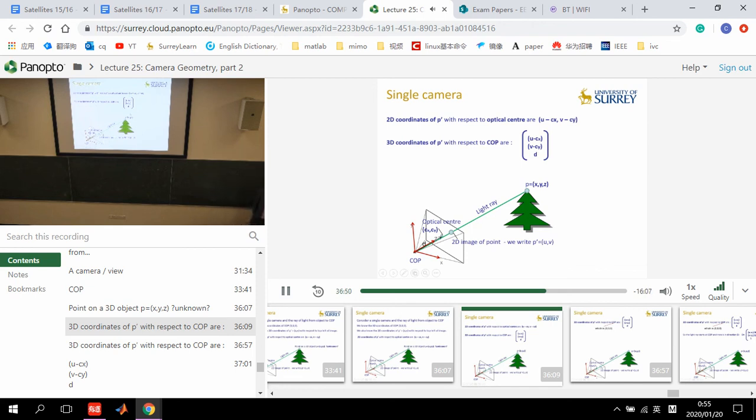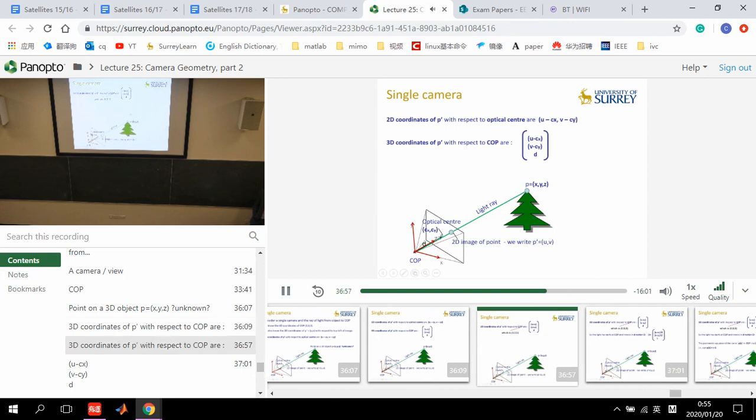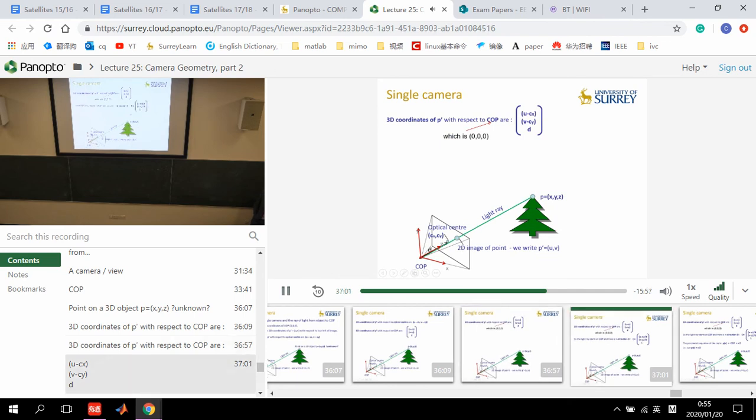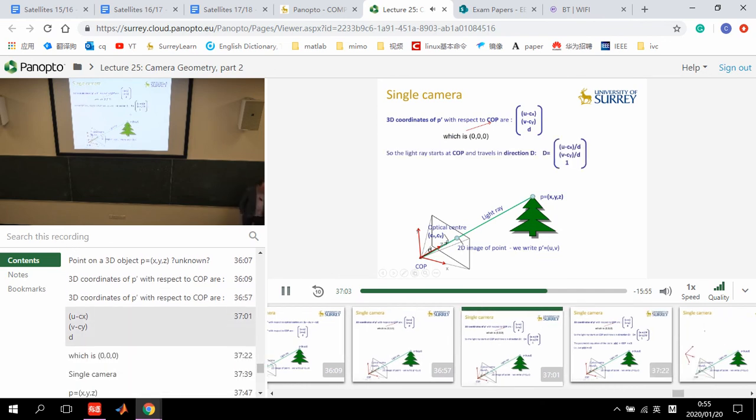So the 3D coordinates of that image of P, which we call P prime here, are u minus cx, v minus cy, d, making this simplifying assumption about where the central projection is.